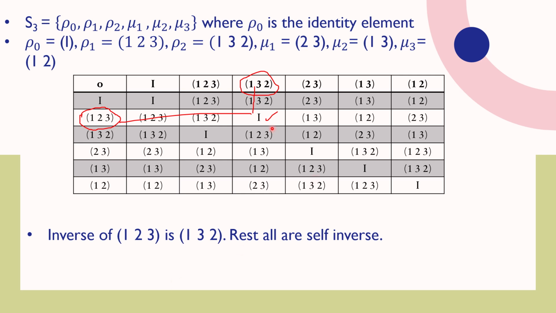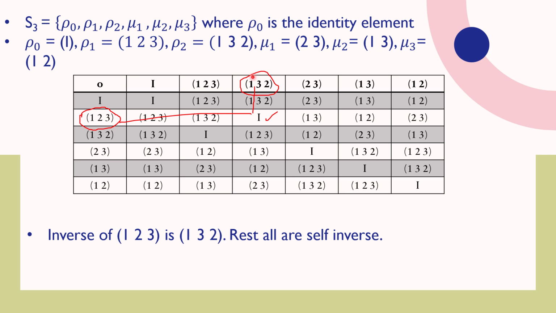This means that according to the inverse property of groups, the fourth property, f dot f inverse is equal to identity. So if f is (1 2 3) and the answer has to be identity, what will be f inverse? (1 3 2). So this means that (1 2 3) and (1 3 2) are inverses of each other.